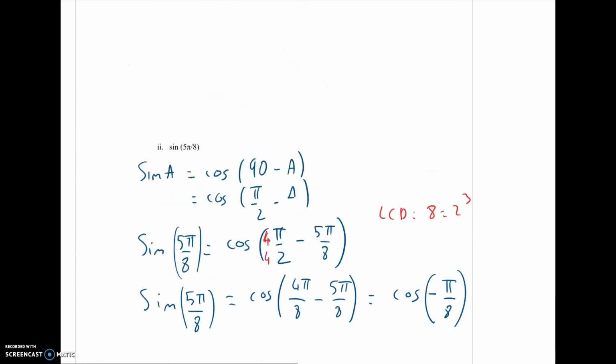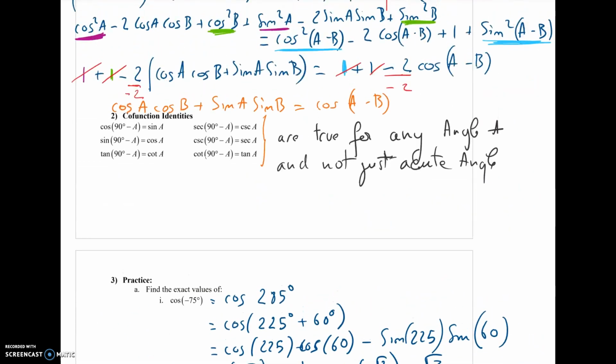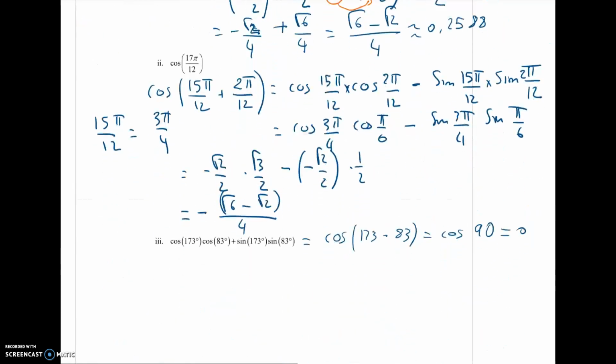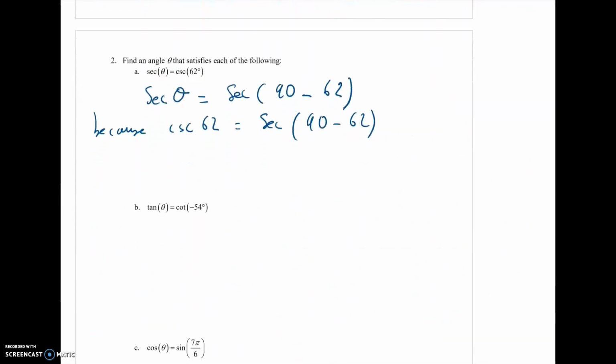Just take a look back at the formula you're supposed to know: the cosecant of A equals secant of 90 minus A, and the cosecant of 90 minus A equals secant of A. So I transform the cosecant of 62 into the secant of 90 minus 62.